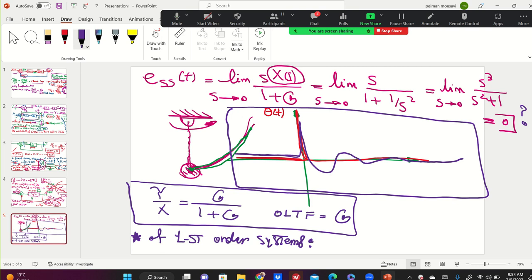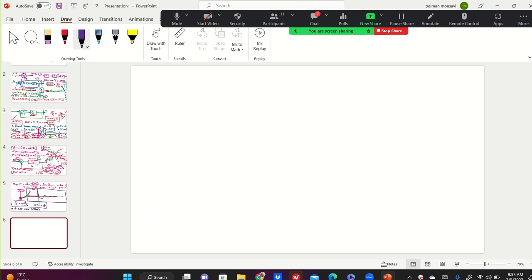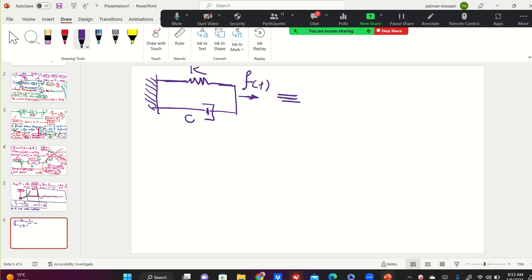What I'm going to do is give you the big picture. I'm going to prove to you in 1 week or 2 weeks that if you have a spring and damper and you apply a force, dynamically this is exactly like a voltage source with an R resistance and capacitor, so it is an RC circuit.